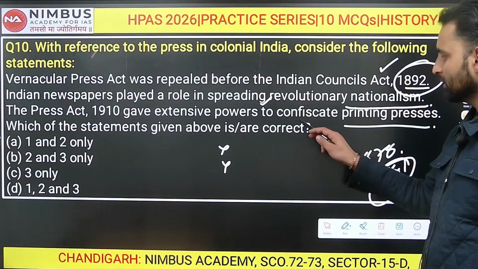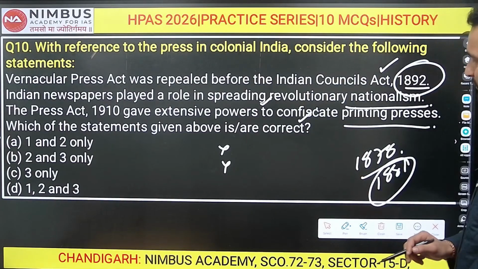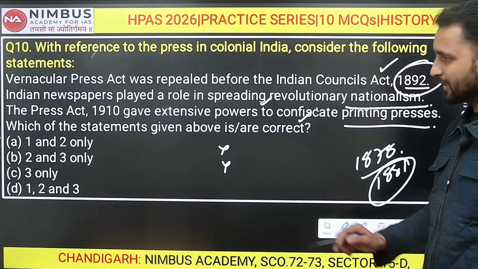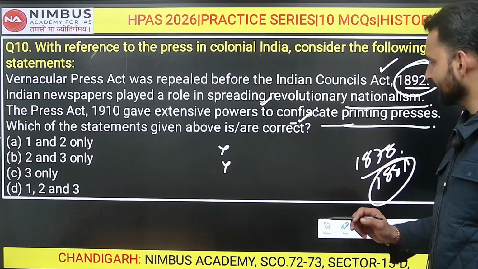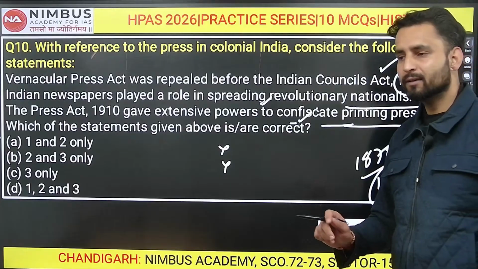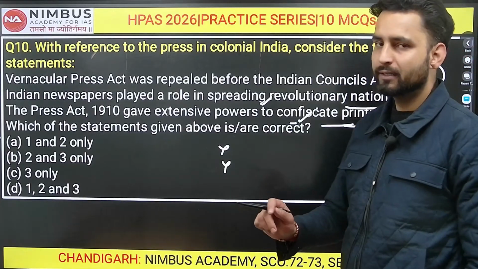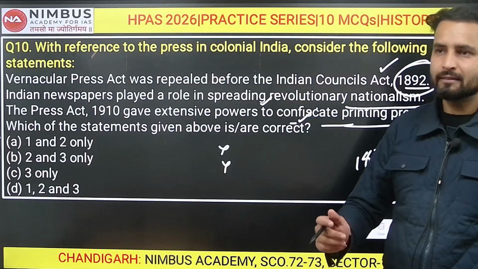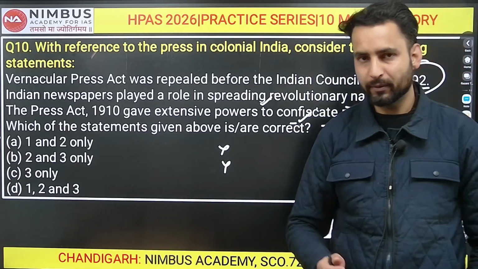The third statement is all that we have to discuss. The Press Act of 1910 gave extensive powers to confiscate printing presses. Newspapers were the major communication medium during this period.